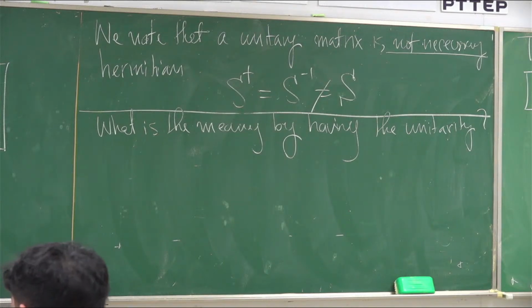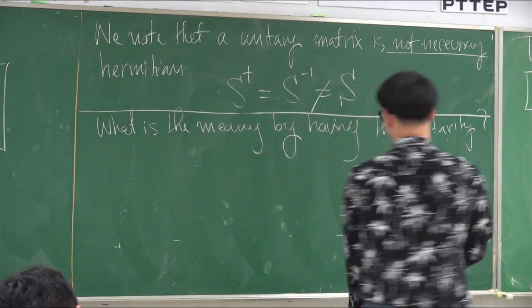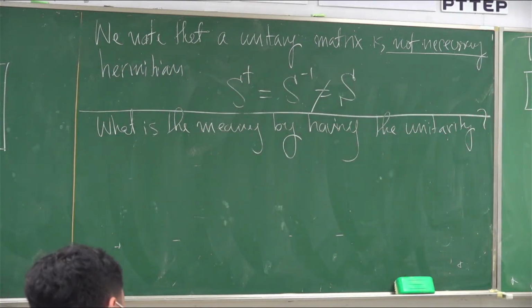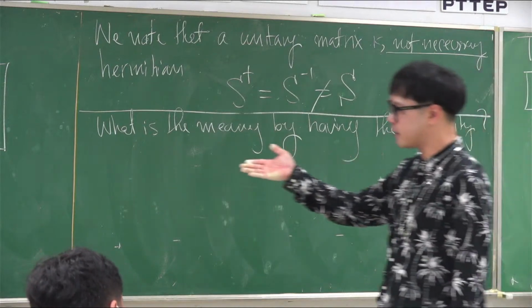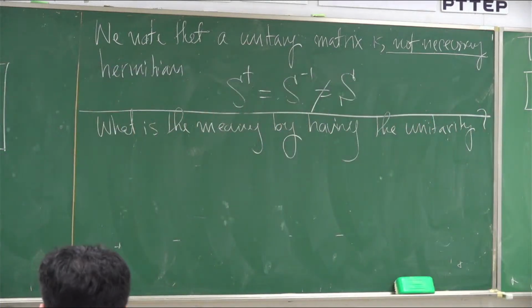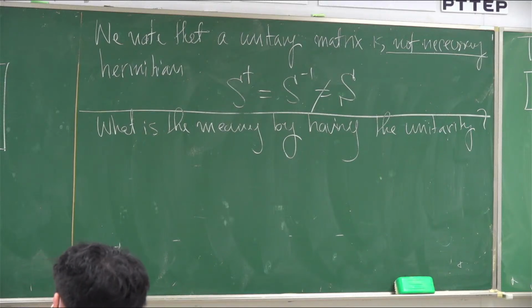If you have a unitary matrix or transformation, actually you can think that all the things that we did on the board so far are nothing but a transformation, right? And the question is, why do we need this kind of transformation to be unitary?